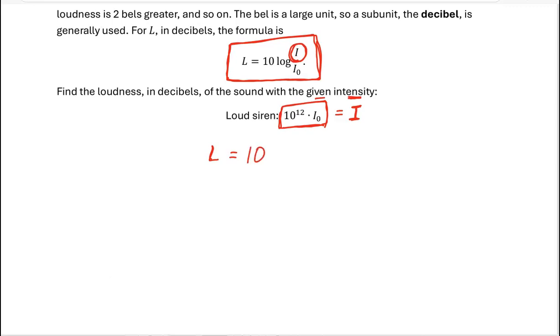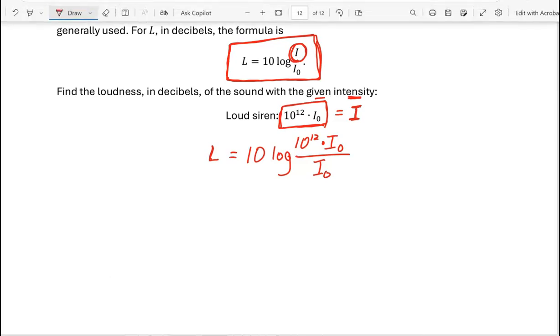10 times common log of 10 to the 12th times I sub 0 divided by I sub 0. So it's 10 to the 12 times as intense as this base intensity sound.